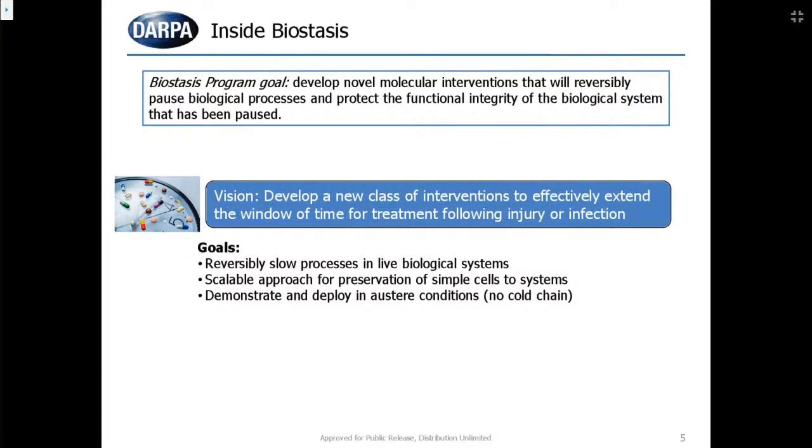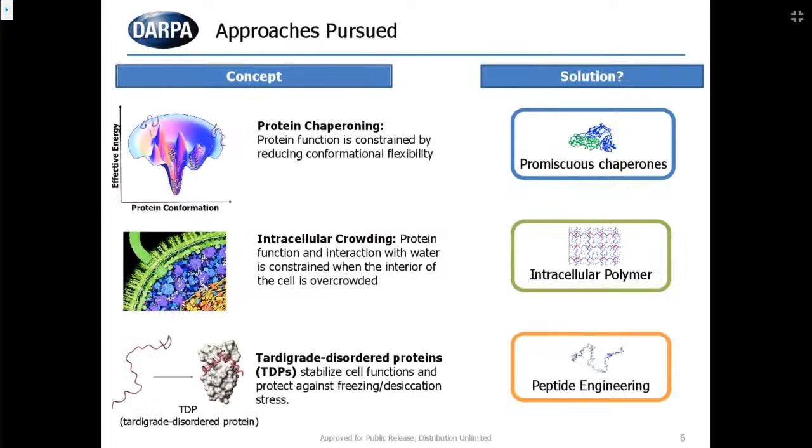So with that knowledge in mind, one, the fundamental mechanism we're exploring is if reversible molecular chaperoning is sufficient to induce and maintain a viable static state and is scalable across systems of escalating complexity. And two, any biostasis interventions must be administered passively to the system. Genetic manipulation is off limits, and such products must be made in a fashion that their stasis-inducing effects can be readily reversed, and we can transition to discuss the approaches being pursued.